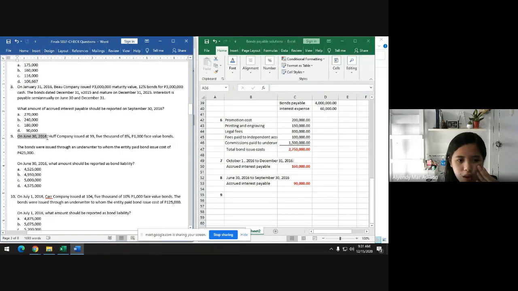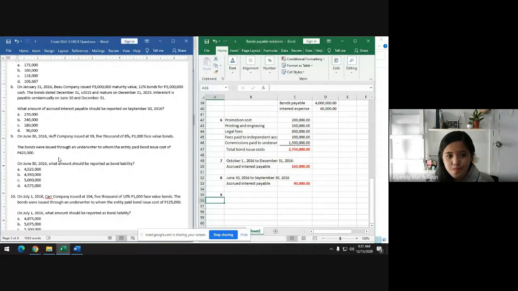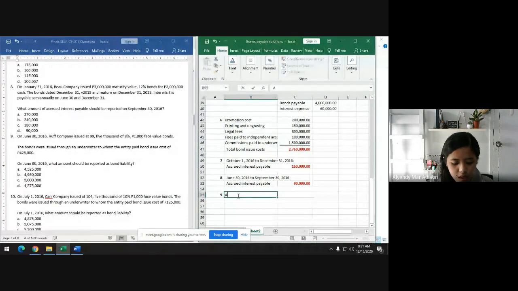On June 30, 2016, Half Company issued at 99, 5,000 of 8%, 1,000 face value bonds. The bonds were issued through an underwriter to whom the entity paid bond issue cost of 425,000. So, how much is the bond liability? It was issued on June 30, and the question asks for the carrying amount at June 30, meaning at the time of issuance.